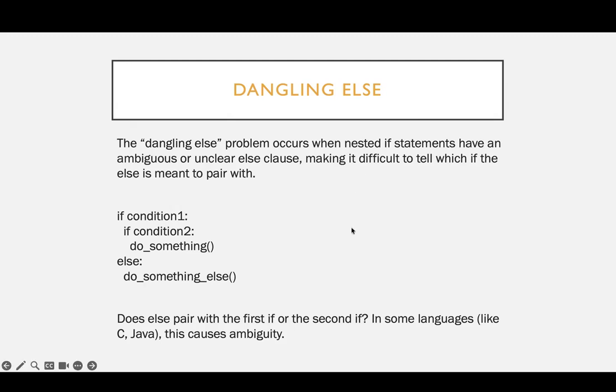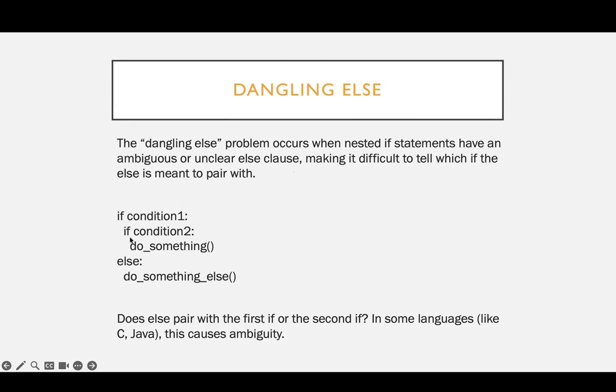So let's take a look at this pseudocode here. We say if condition one is met, and then embedded inside, if condition two is met, we're going to do something, right? Because based upon the indentation, that's how we read it. Else, do something else. So for this else statement, what do you think?